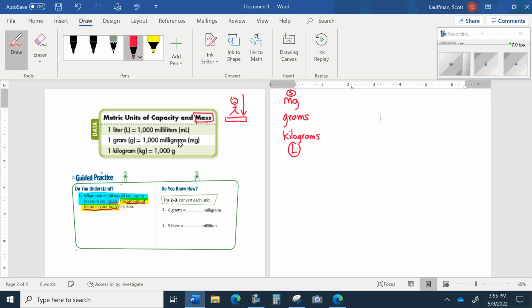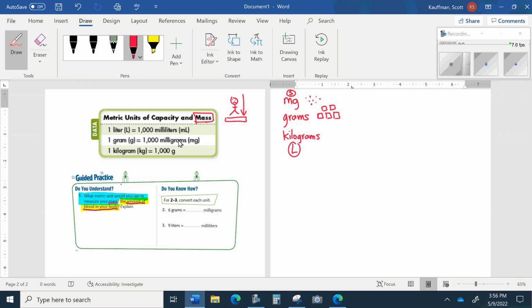If I was measuring milligrams, I might measure little pieces of salt. If I was measuring grams, I might measure the weight of little base 10 blocks. Remember those little units that we used?